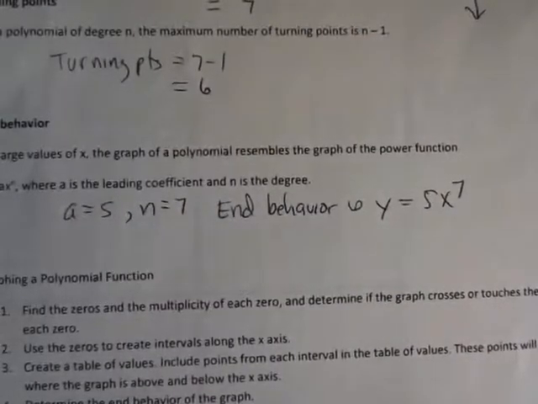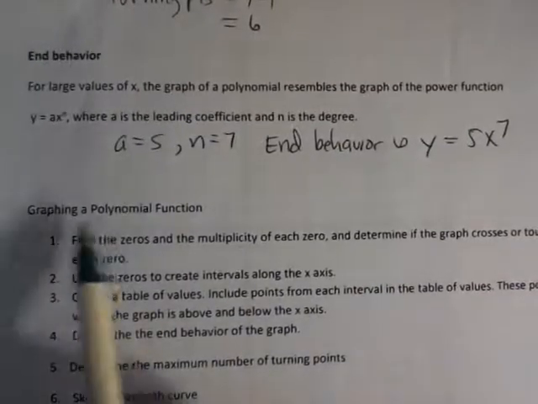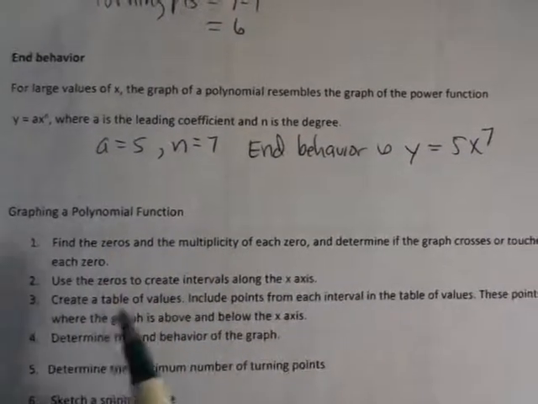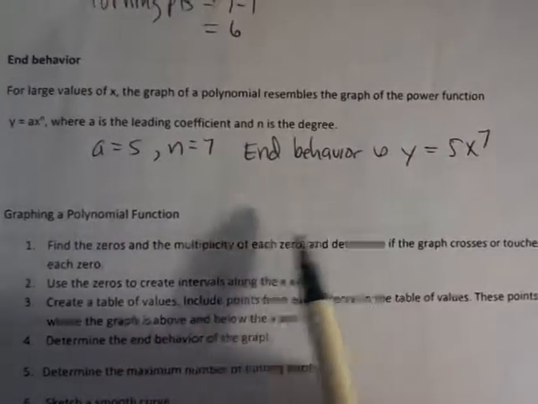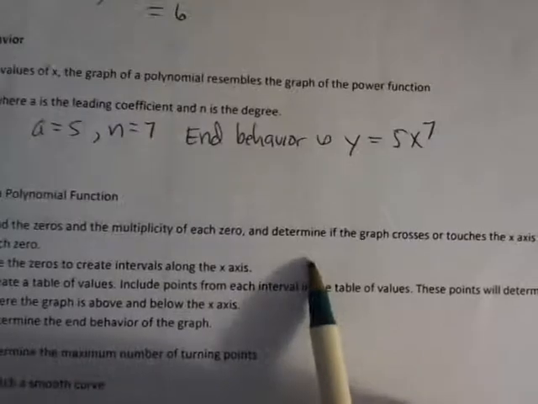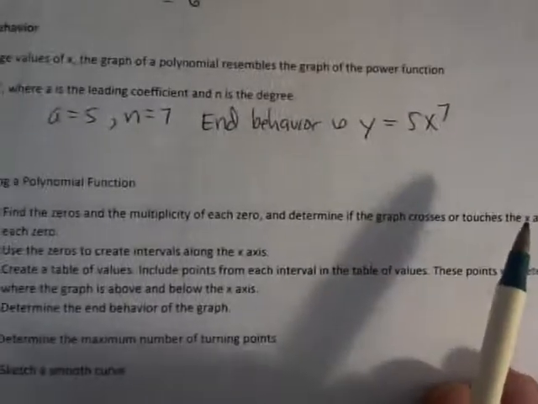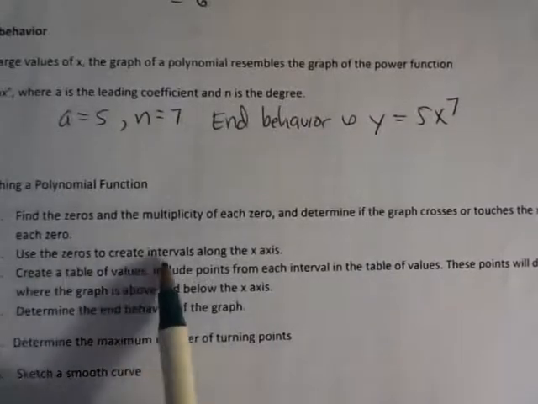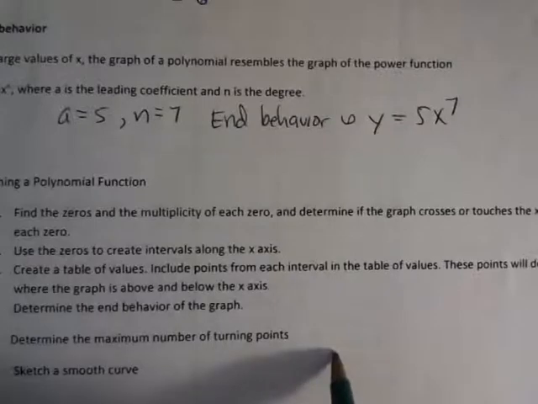All right, so those are the items you need to be able to identify. And this takes us to how we're going to graph these. So we're going to find the zeros and the multiplicity of each zero, and that's going to allow us to determine if the graph crosses or touches the x-axis at each zero. We use the zeros to create intervals along the x-axis, so that means we plot them.